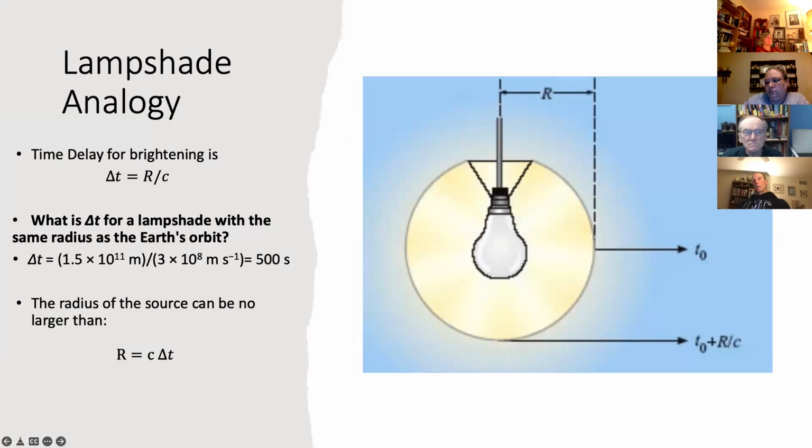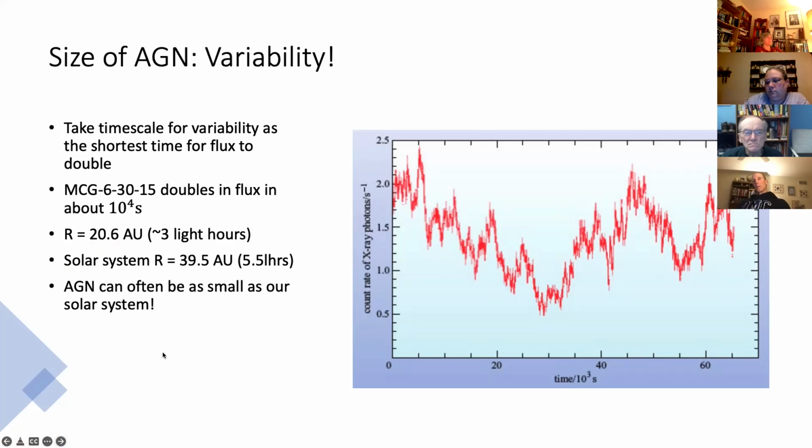If we take a time delay of 10,000 seconds and multiply that by the speed of light, like we did here, we can say that our emitting region is about 20.6 astronomical units. An astronomical unit is the distance between Earth and the sun. That also corresponds to about 3 light hours, the distance that light could cover if it moved for 3 hours.